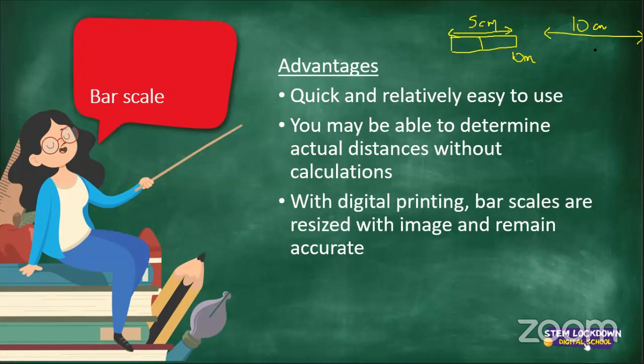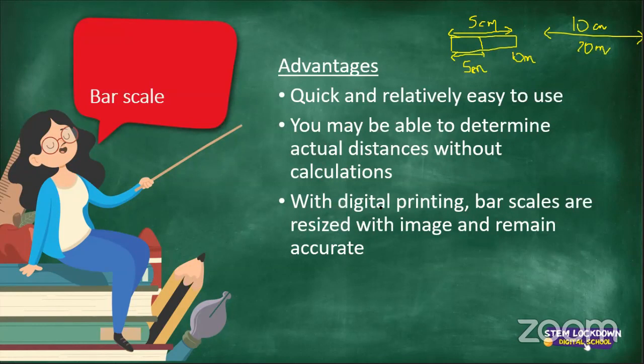If you have a distance of 2.5 centimeters, you can see that it is equal to 5 meters. So it is easy to work with bar scales. In other words, you may be able to determine the actual distance without calculations, as I've shown you here.